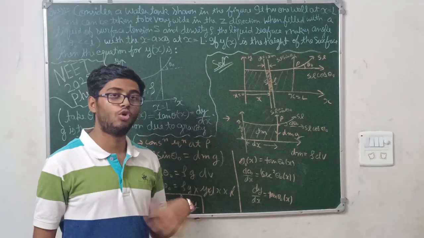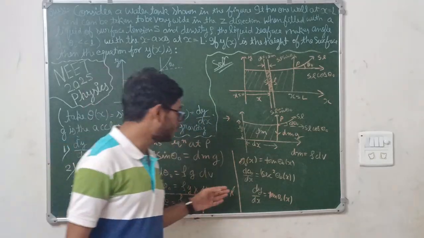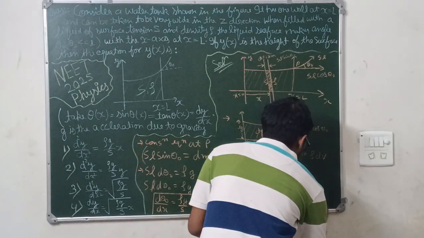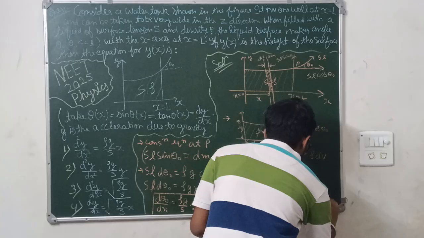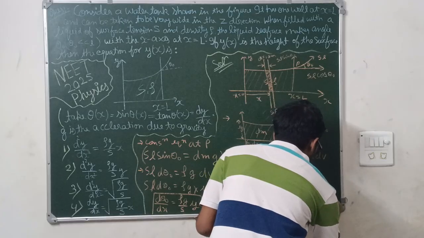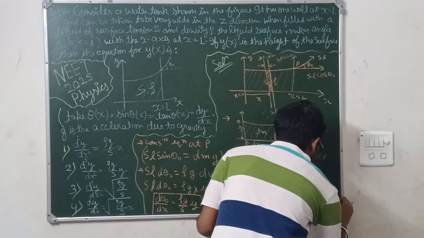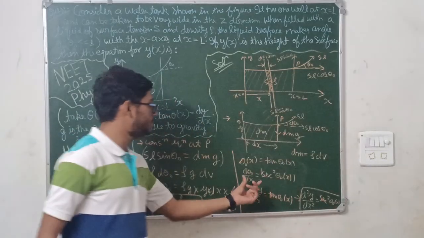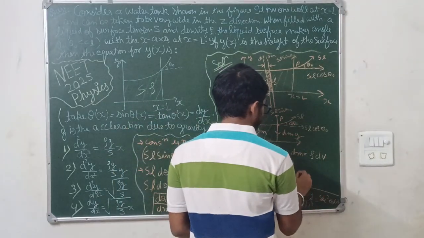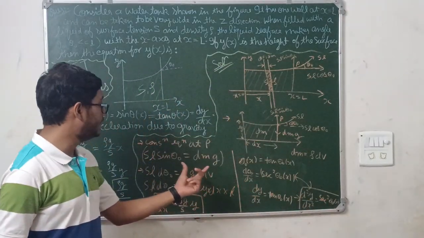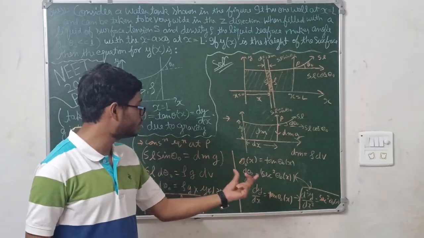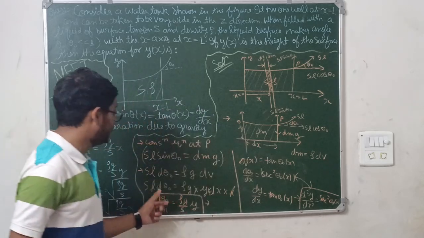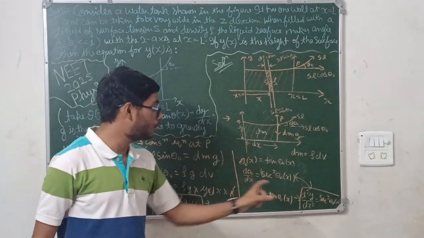If I differentiate both sides with respect to x again, d square y upon dx square is equal to sec square theta naught x. Now you can compare these two equations. From these two equations, you will get to know that d theta naught upon dx is equal to d square y upon dx square. This is the only condition here.